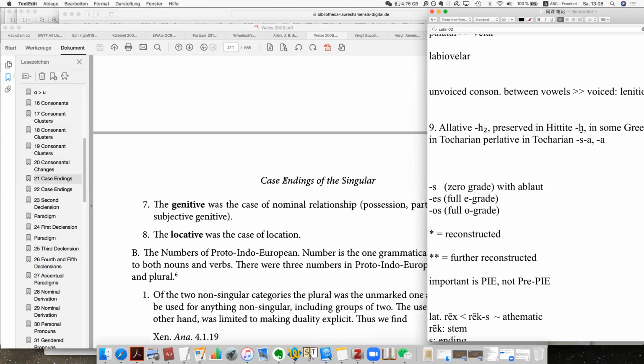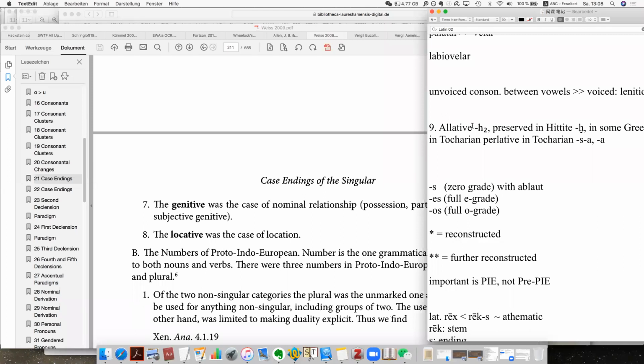对，就是原始印欧语的话，它还有一个叫 allative 的格，我不是很确定这个应该怎么翻译。它表示的意思一般是朝向一个东西。也可以翻译成向格，对吧？The basic meaning of the allative is actually toward.